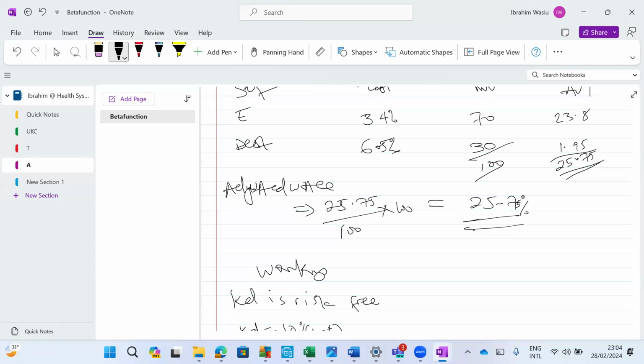So this is the end of requirement B. So I hope you can try C on your own as a core requirement.